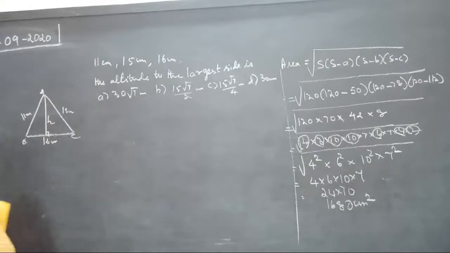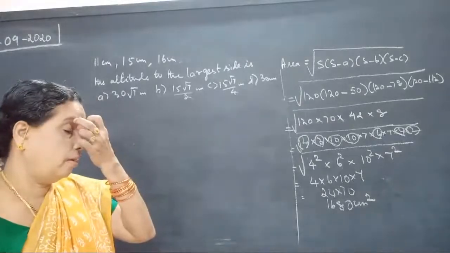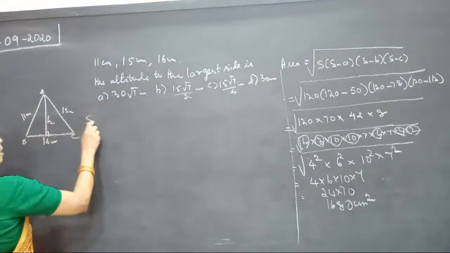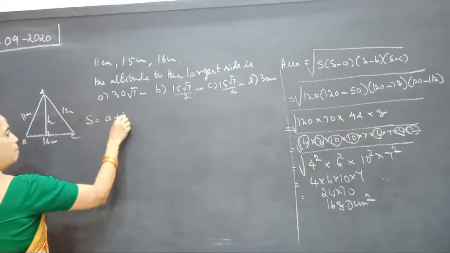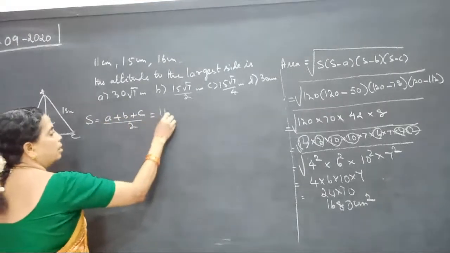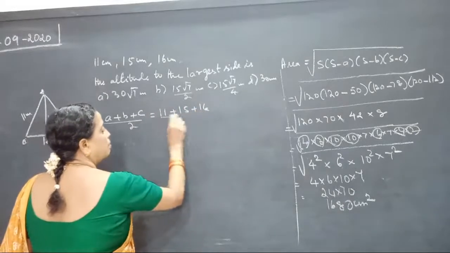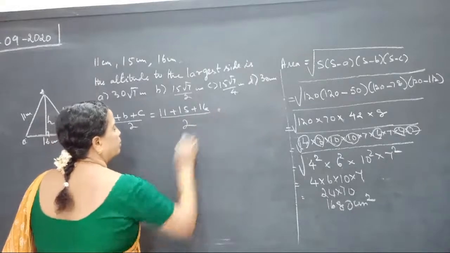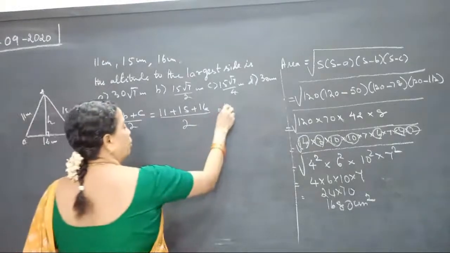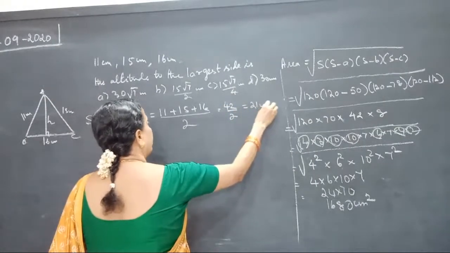To find h, calculate the area using Heron's formula. For that we require its semi-perimeter, a plus b plus c by 2. It is 11 plus 15 plus 16 by 2. What do you get? 42 by 2. It is 21 centimeter.